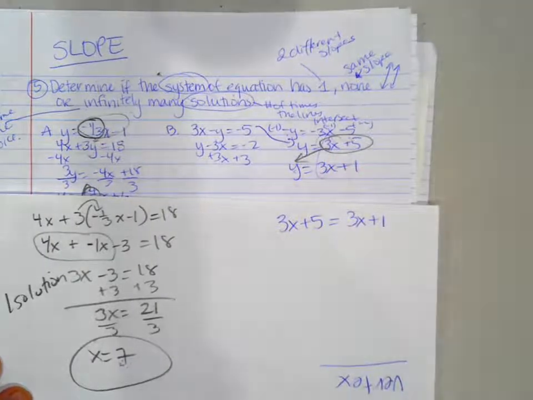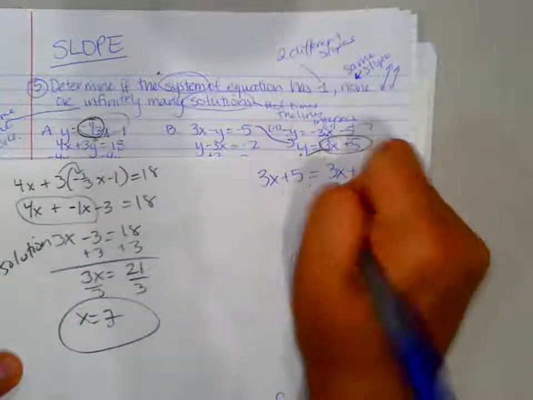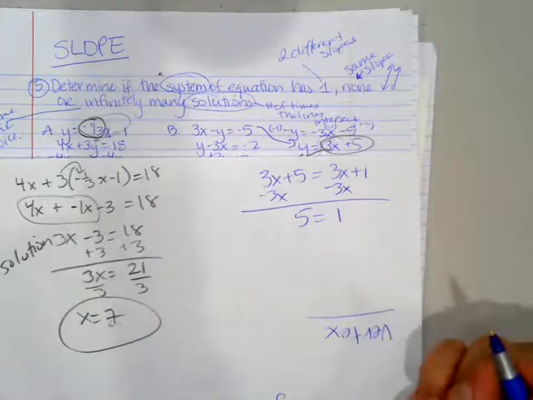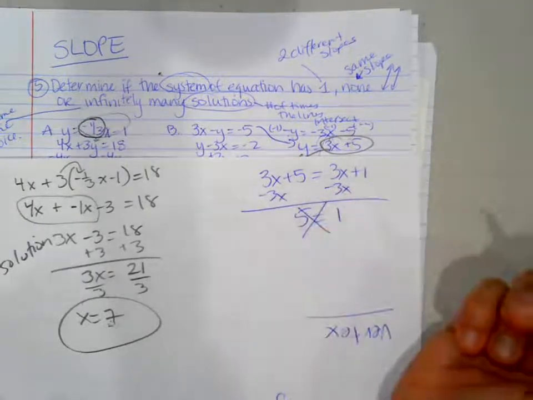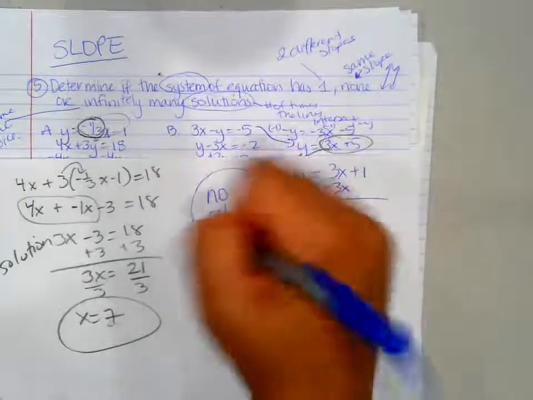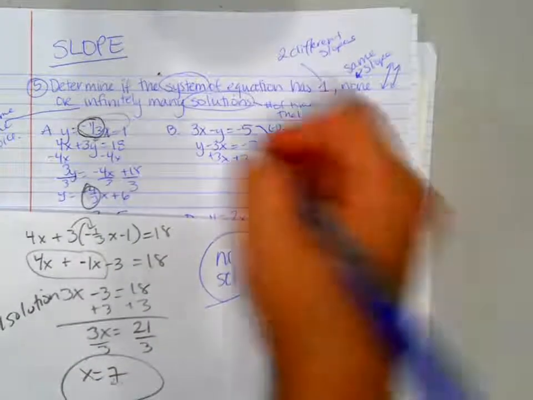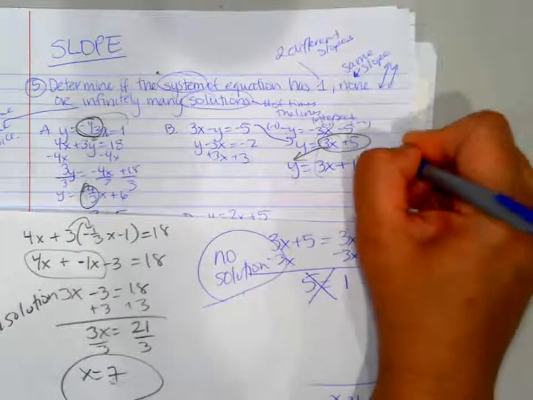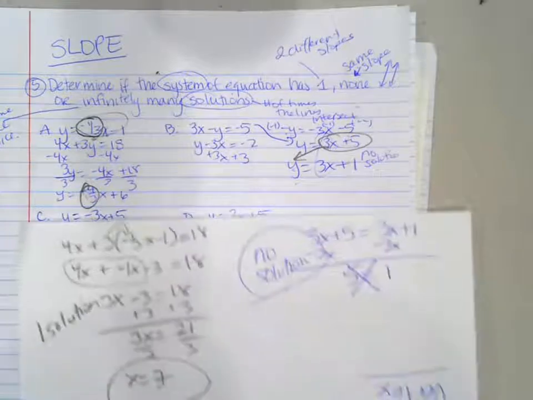They're equal to each other. And when I do that, I get 5 equals 1. And we know that that is not true. So this is no solutions. No solutions for one like this. All right, that's no solution. None. The lines are never going to cross.